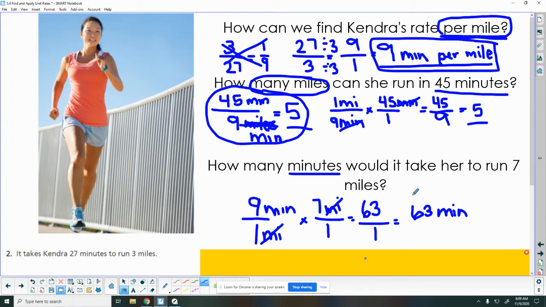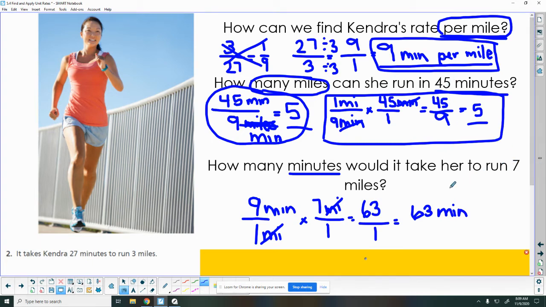For some of these problems, it is going to ask you to set them up like this. That's why I wanted to talk about that. If it does not make you use a certain strategy, then just use whichever way you like. If you know that the basic unit is 9 minutes per mile and she did 45 minutes, we know we're dividing.